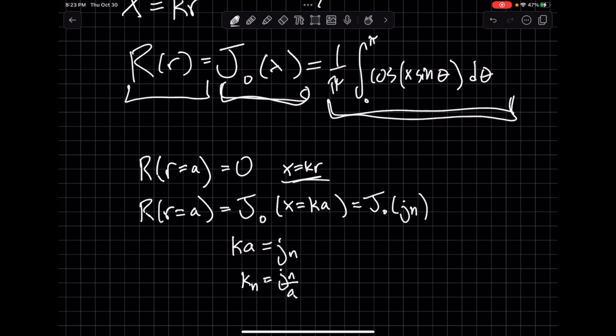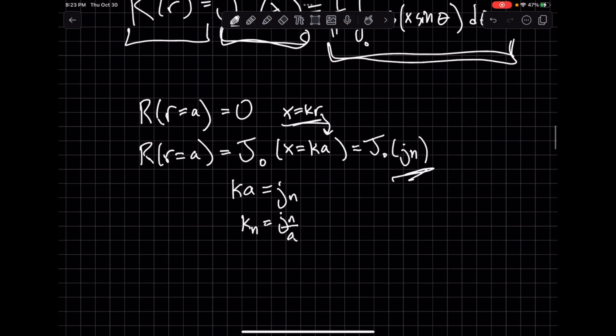And so using the x equals kr substitution here, we know that big R when little r equals a, which is the radius of the cylinder, should equal 0. So then R of r equals a is equal to J sub 0 of x equals ka, which is equal to J sub 0 of j sub n, since these are the nth roots of J sub 0, which tells us that ka equals j sub n. And since a is a constant, we know that k must also depend on n.